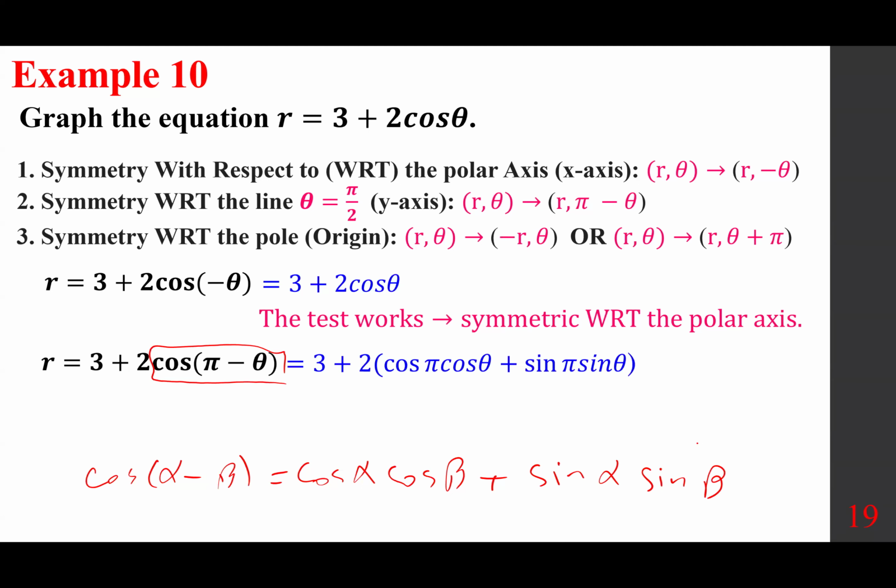So we write 3 plus 2 cosine of pi minus theta, which is cosine pi cosine theta plus sine pi sine theta. As you know, cosine pi is -1, but sine pi is 0. So you get 3 minus 2 cosine theta.